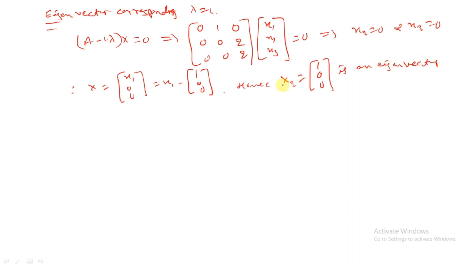Now we get one eigenvector. Since it's not enough, we have to find a generalized eigenvector.